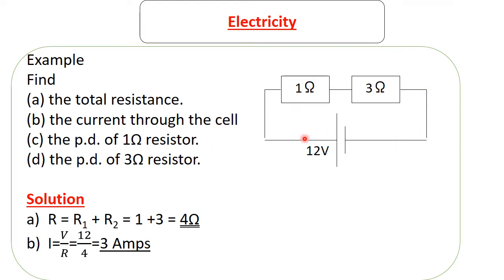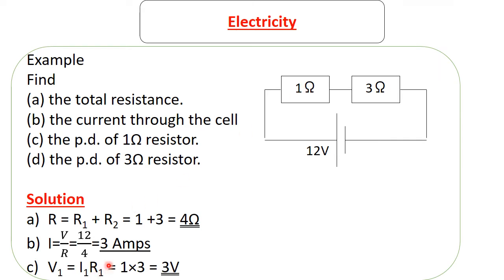So once we know the current, which is present everywhere, we can analyze a lot of things. Question C, the potential difference of the 1 ohm resistor. We know the current that passes here is the current that passes throughout the cell, which is 3 amps. So to get the potential difference, we use Ohm's law. Voltage is equal to current times resistor.